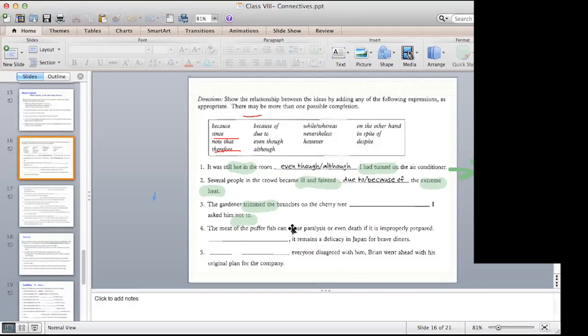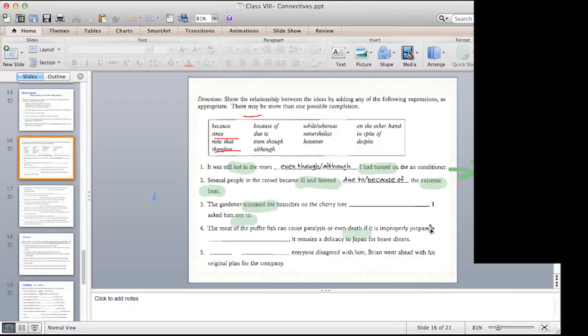And we have quite a long sentence with a full stop that is negative. But here we have it remains a delicacy. Delicacy means something which is really important, something which is very significant on the menu of the Japanese in Japan.